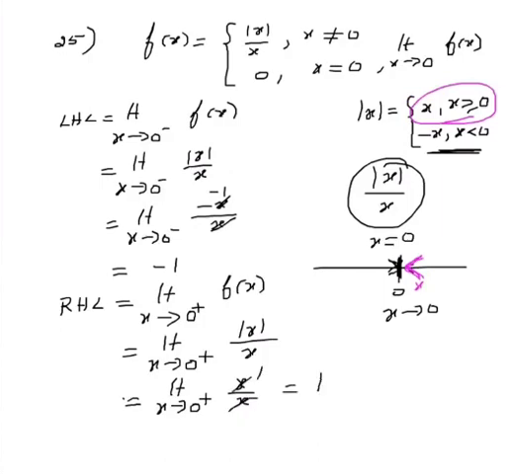It is a constant. So the limit of a constant is the same number, 1. Now LHL and RHL are not equal. Therefore, the limit as x tends to 0 of f of x does not exist.